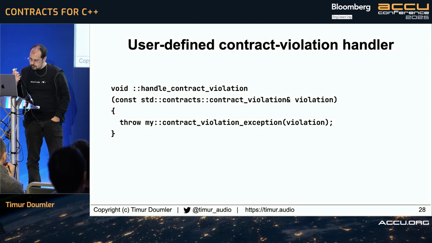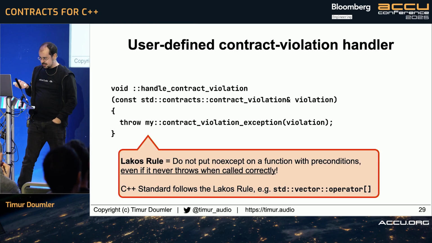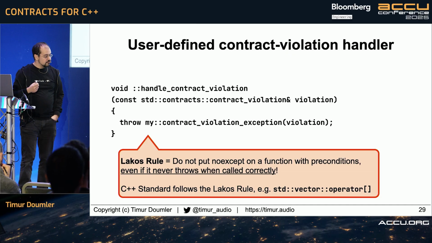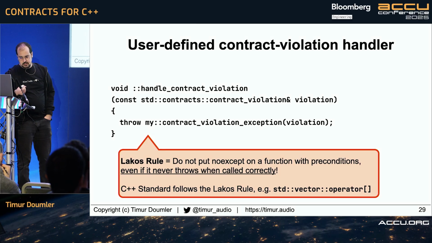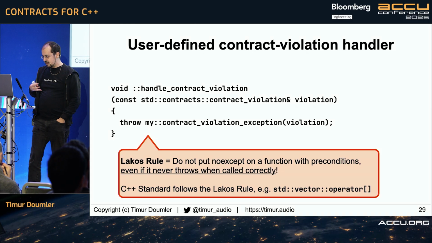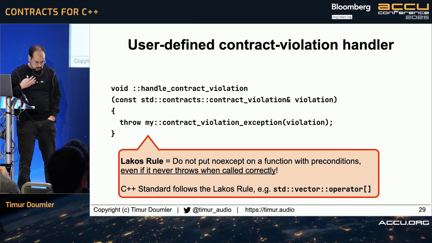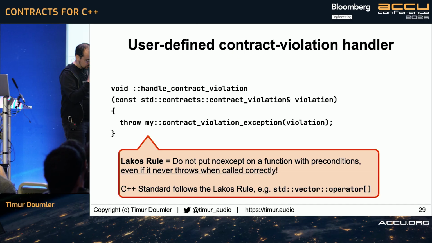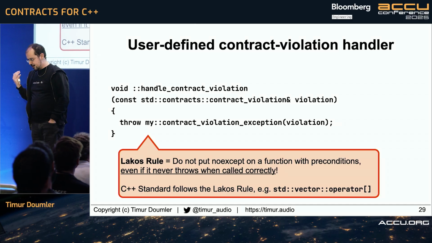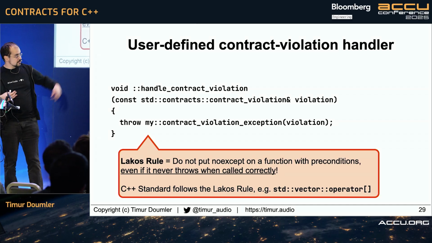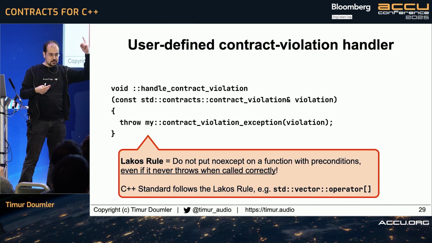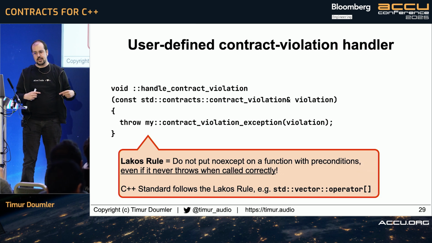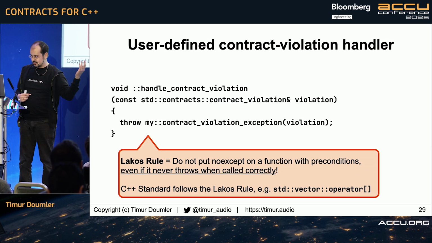It does require you to follow what we call the Lakos rule, which is if your function has a precondition, if there might be conditions under which calling the function is a bug and it's going to violate an assertion, don't put noexcept on it, because otherwise that exception you're throwing here is going to slam into that noexcept and terminate your application, which is exactly what you don't want when you're doing this.